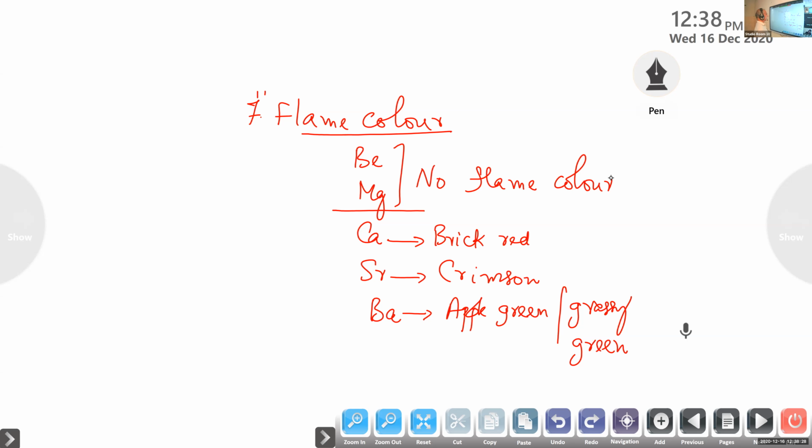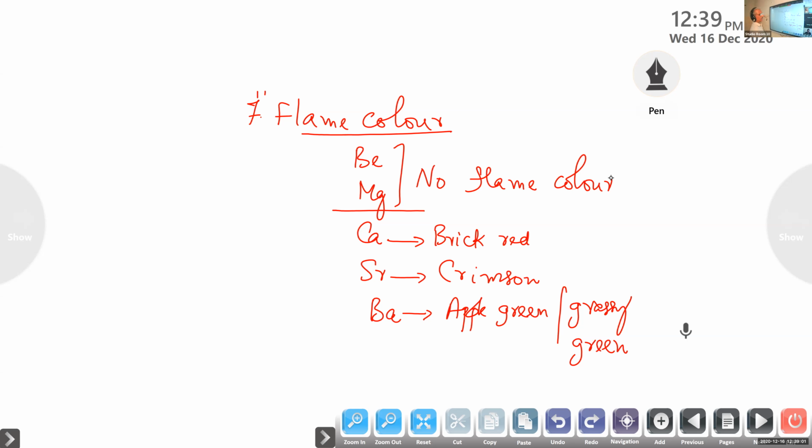While calcium, strontium, and barium give characteristic flame colors. That is due to the excitation of the outermost electron by absorbing energy from the flame and falling down of the excited electron to the ground state, emitting a definite frequency or wavelength corresponding to the quantum, and a color is produced.